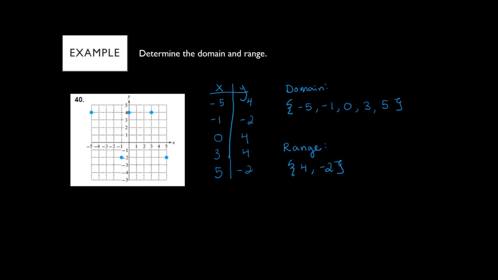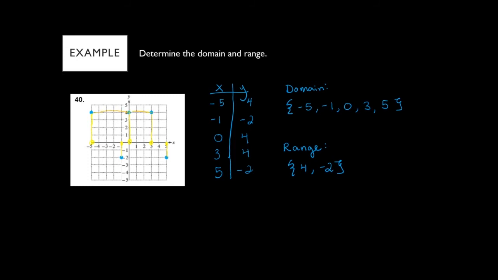Okay. So an alternative to doing domain and range by making a table like this is to look at your points and then draw lines down to where they are on the x-axis for the domain, and then read those numbers off of the x. And then you can do the same thing for the y.